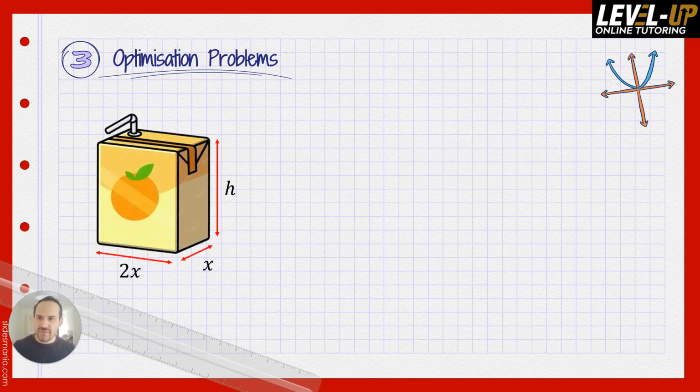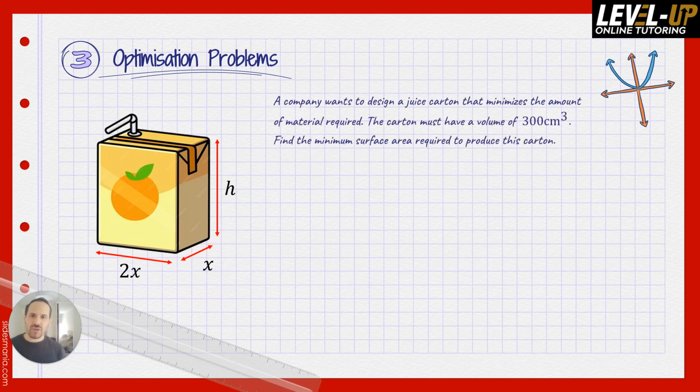So say here we've got a juice carton that a company might be designing, and they have these kind of dimensions. They've got a width of x. They want the length of it to be twice the width, so it has to be 2x. And the height, it can be some other amount, we label that h. And this is the situation we have here.